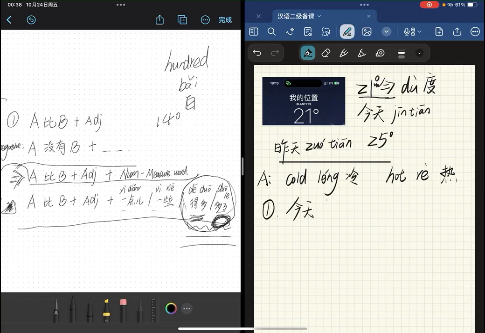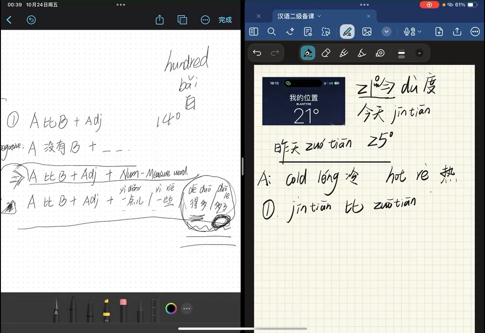So we can say 今天比昨天. Today compared with yesterday is colder, because it's 21 degrees.